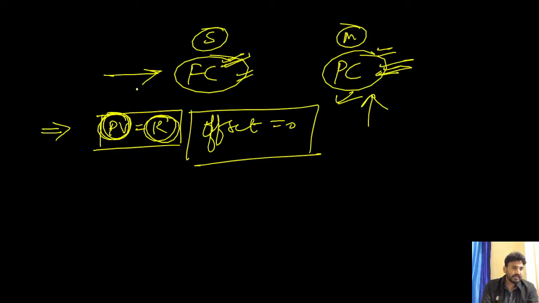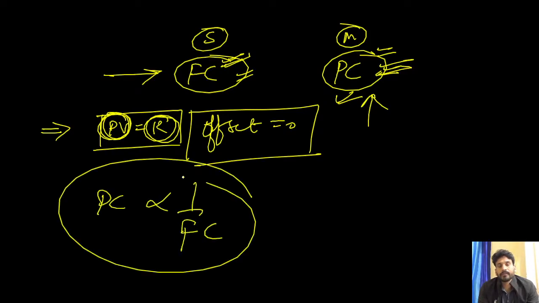Right? Is it clear to you? So in this condition, we choose the bias value, which is basically in the inverse proportion. So the PC is inversely proportional to the FC. ऐसे proportion में रखी जाती है. Means if I keep PC value low, then FC value high.